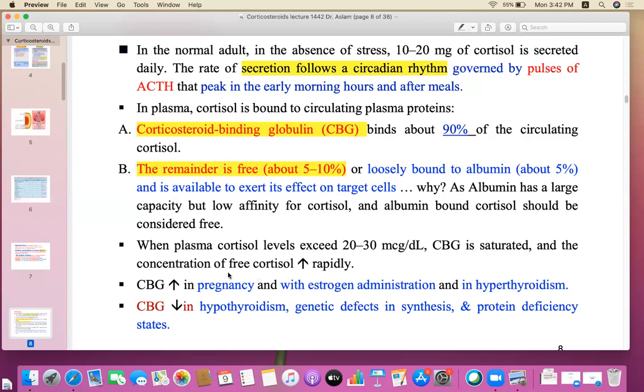What is saturated? No place. No place for what? No place for the corticosteroid, no place for the steroid.